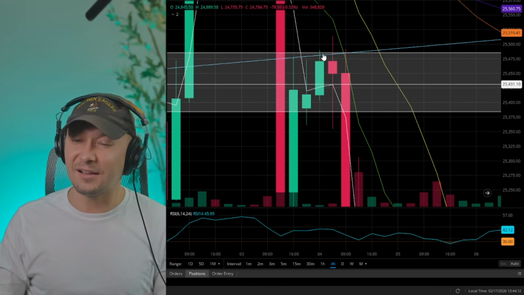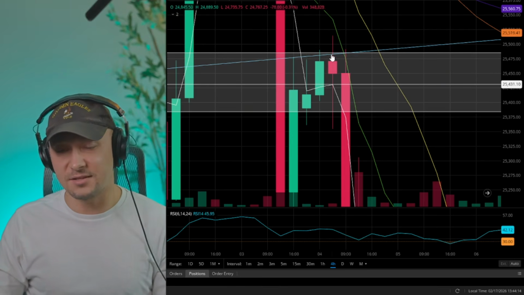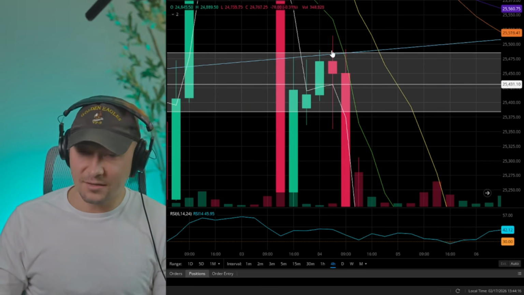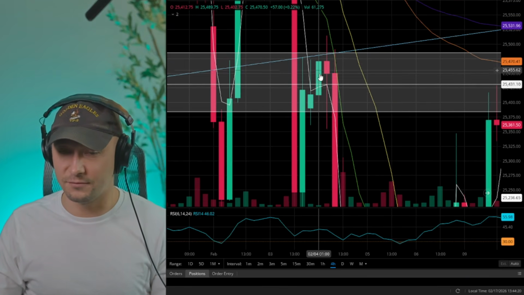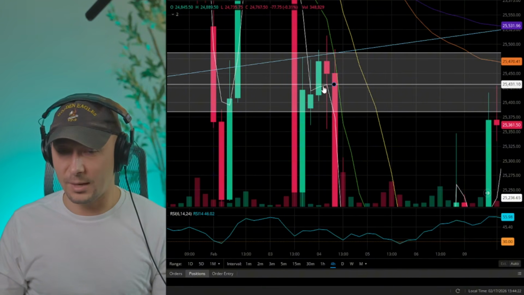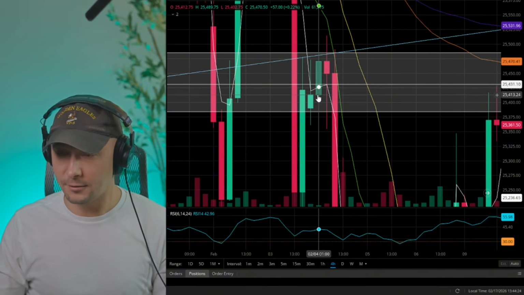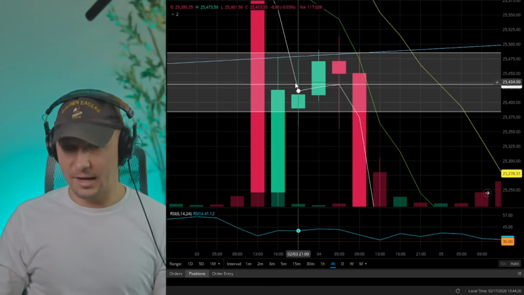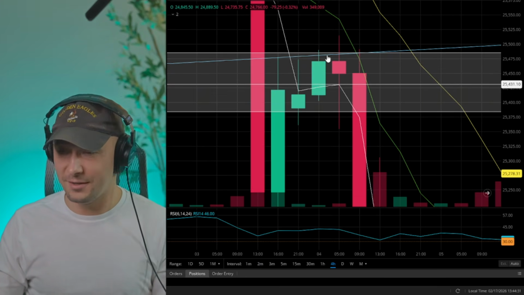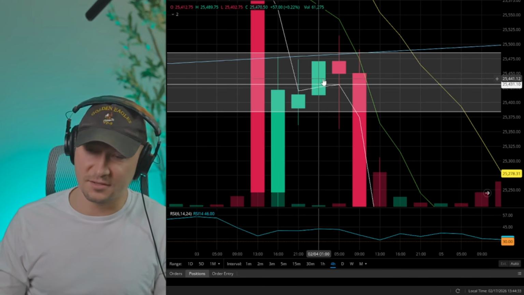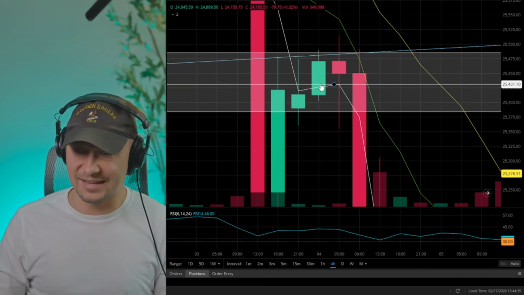I have this ugly box that I set that I don't want to trade in, because it seems very volatile, very choppy, like price tries to stick to the center. I don't remember exactly how I set this box, but this was months ago that I identified it. It seems like price really wants to stick inside of it.